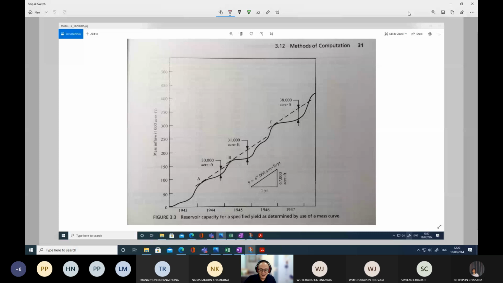This is the inflow, but the demand is this one, just like the average line. It's like the straight line in the previous figures, but they don't put them together, otherwise it will mix up and be difficult to look into. Anyway, this is the average flow.